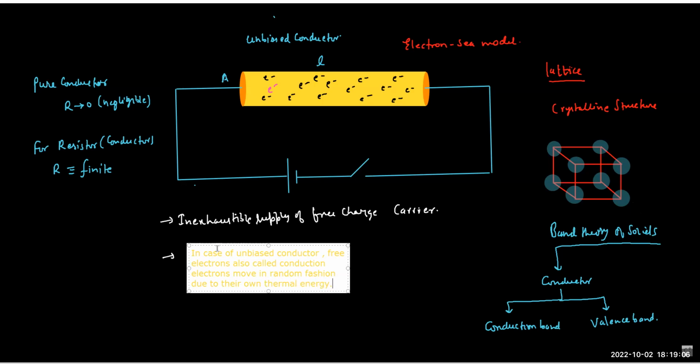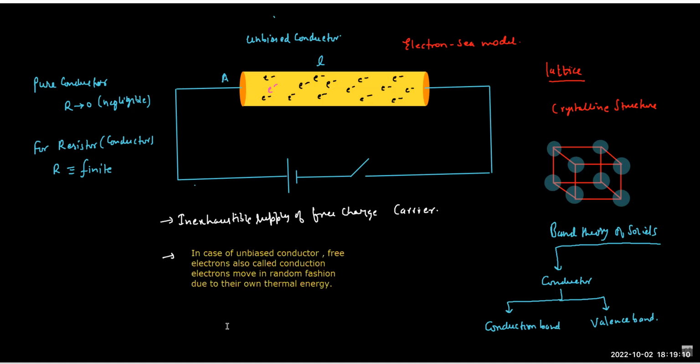Any object, because we're talking about the medium or object, any object above the absolute zero temperature, which means more than 0 Kelvin, which is like more than minus 273.16 degrees Celsius, everything which is above the absolute zero temperature will have some energy.